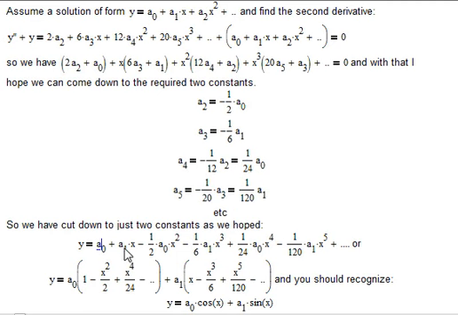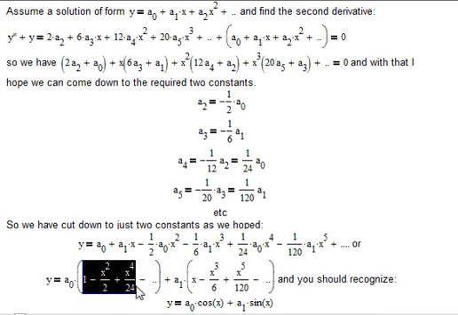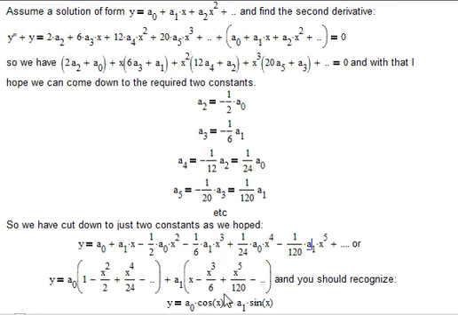So we get a0 plus a1x minus a half a0 instead of a2, x squared, minus a sixth a1 instead of a3, times x cubed, plus 1/24 a0 times x to the fourth, minus 1/120 a1 times x to the fifth, etc. But factor the a sub 0 out of this term, this term, this term, and we get a0 times this expression, and factor the a1 out of this term, this term, this term, and we get a1 times x minus x cubed over 6 plus x to the fifth over 120.